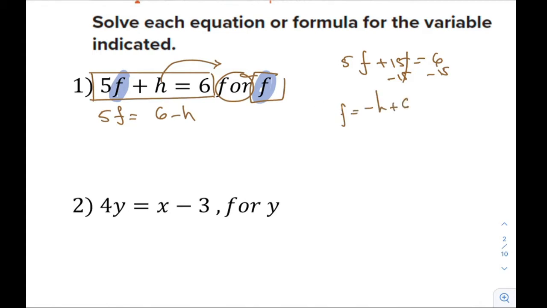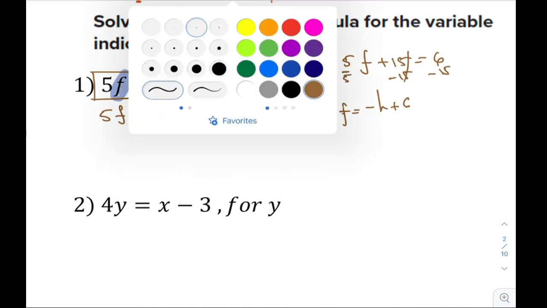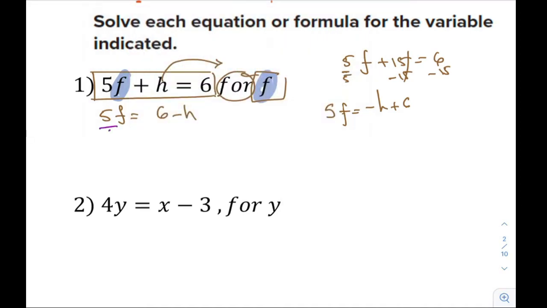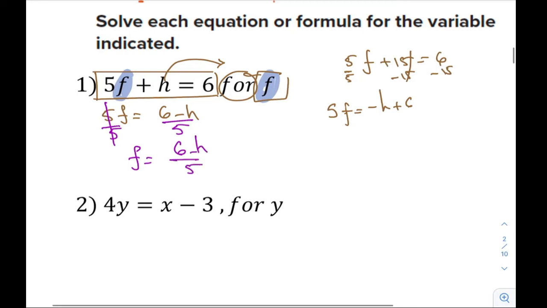And then remember, you were dividing both sides by 5, because 5 was multiplied by f. So we will reverse the operation to find f alone. So our f finally is 6 minus h over 5. Done. We have solved for f.